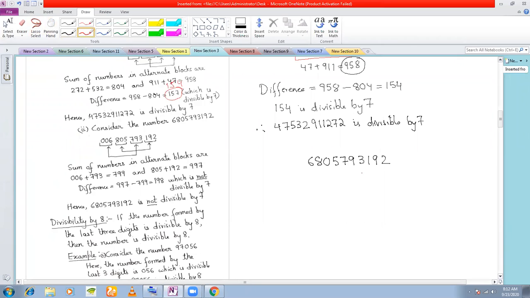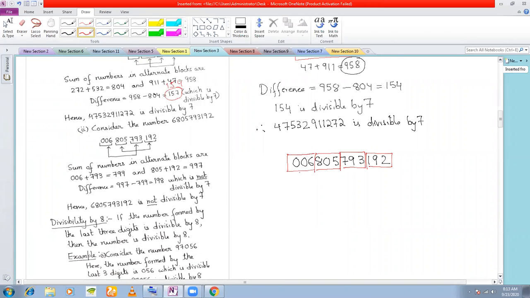So from the right hand side, you start grouping in blocks of 3. So the first block is this. Next block is this. Next block is this. And since 6 is a single digit, you take two zeros and make it a block of 3.